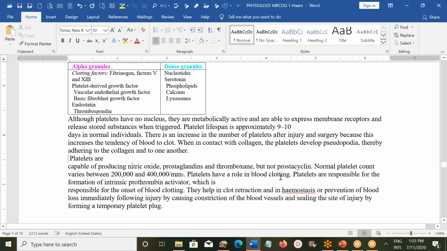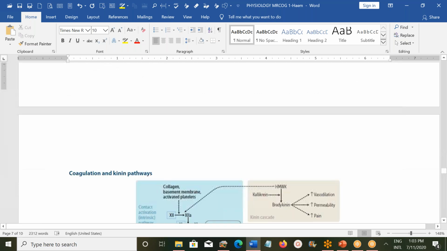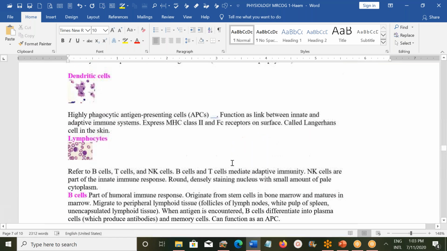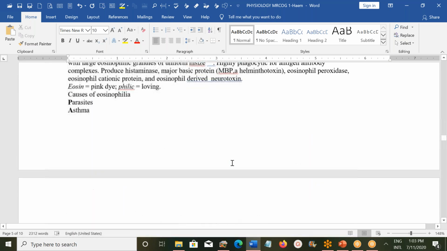Platelets have a role in clotting and are responsible for formation of intrinsic prothrombin activator, which is responsible for the onset of blood clotting. They also help in clot retraction and hemostasis, or prevention of blood loss immediately following injury, by causing constriction of the blood vessels and sealing the site of injury by forming a temporary platelet plug. That's why these are a very important part of the cells. Without them, the patient is going to have a coagulation disorder.